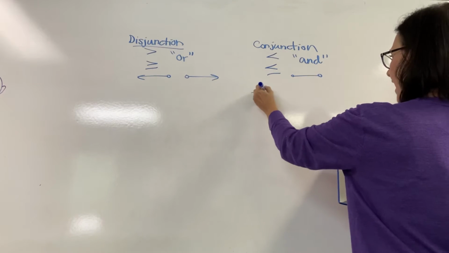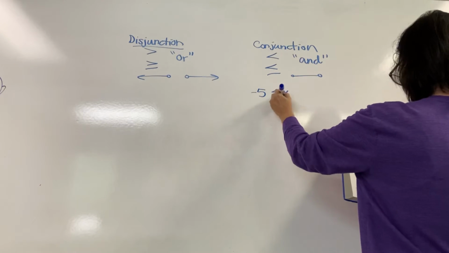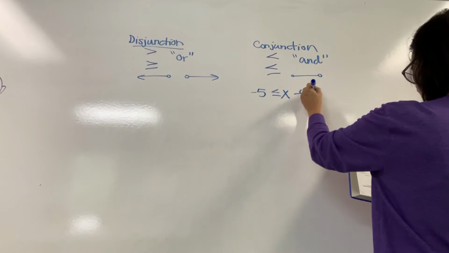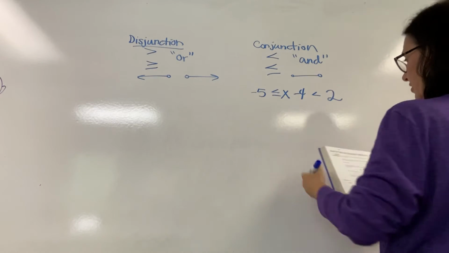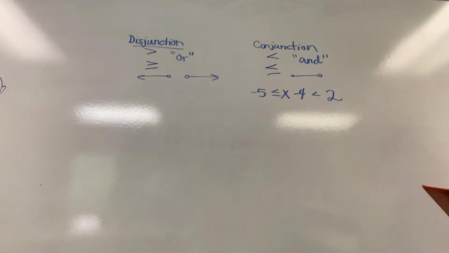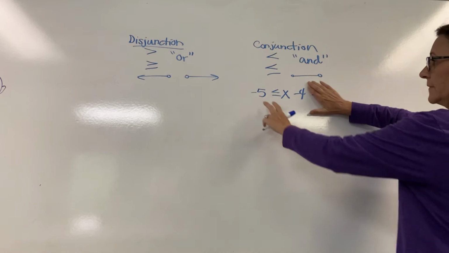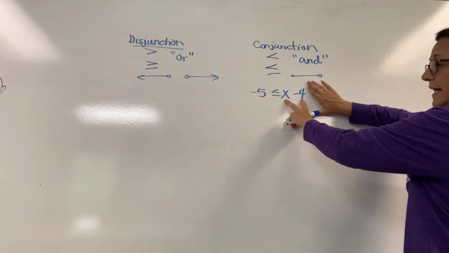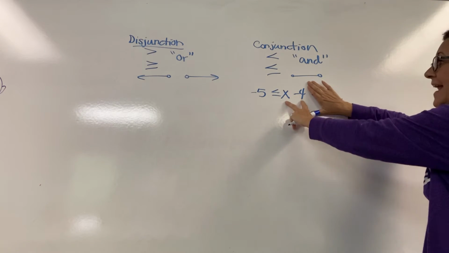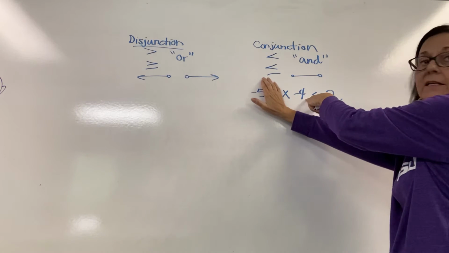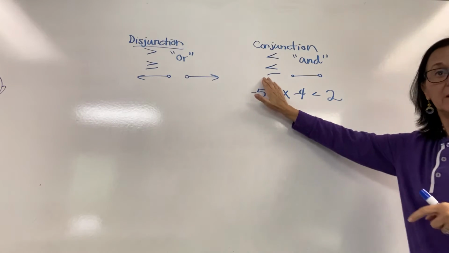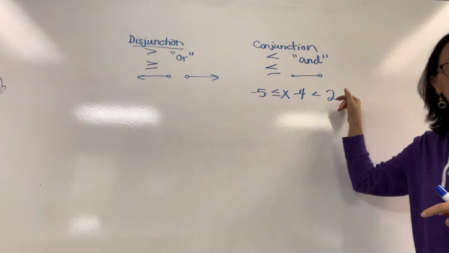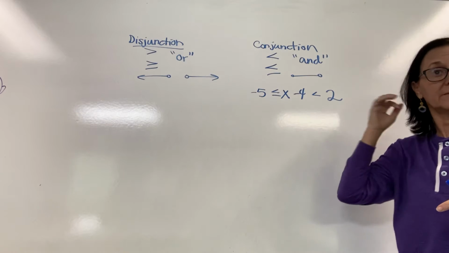It's -5 less than or equal to x minus 4 less than 2. This is really -5 less than or equal to x minus 4 and x minus 4 less than 2. It is both of them. So a conjunction can look like this, with 3 terms.